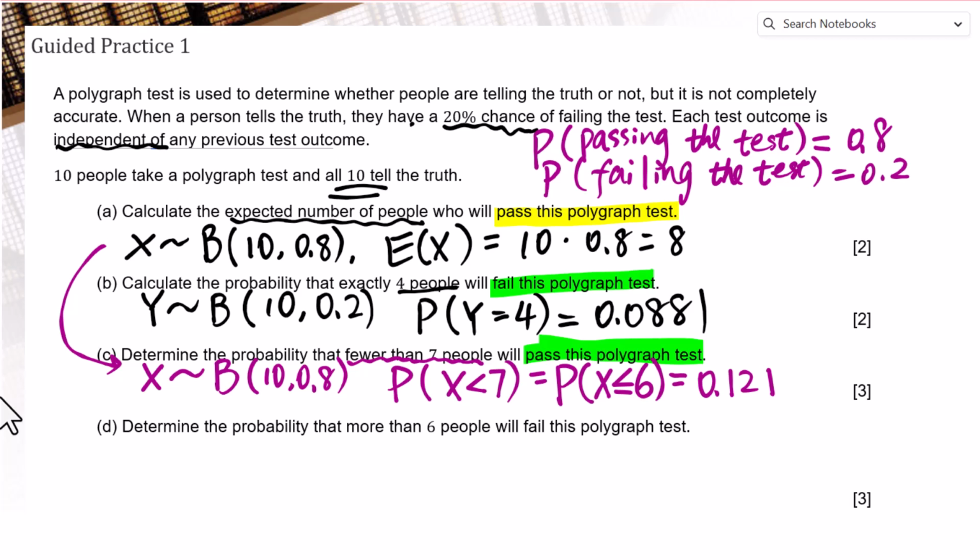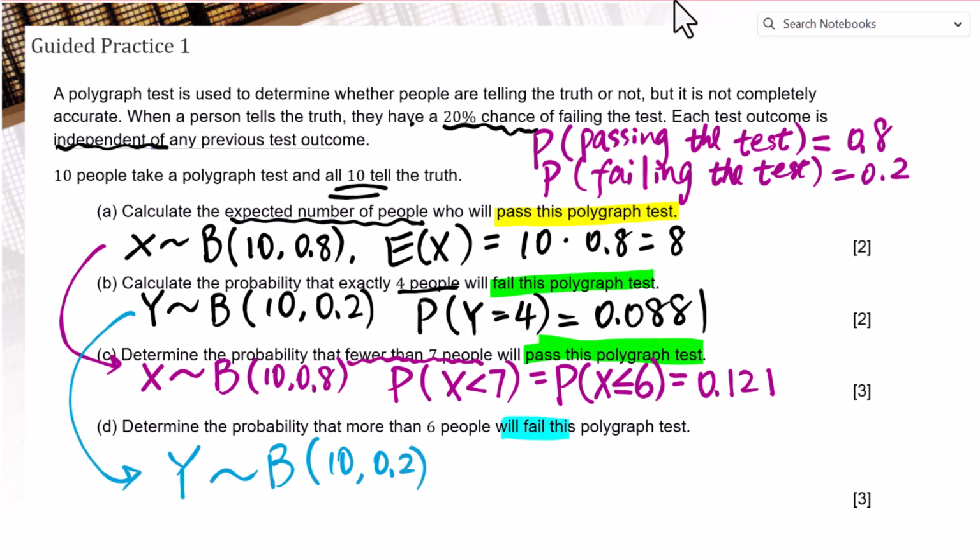Determine the probability that more than 6 people will fail this polygraph test. We already defined Y follows binomial distribution with 10, 0.2. The keywords are fail this polygraph test.